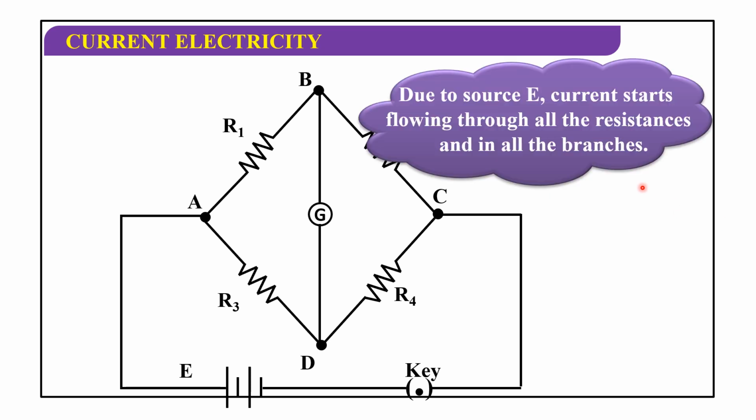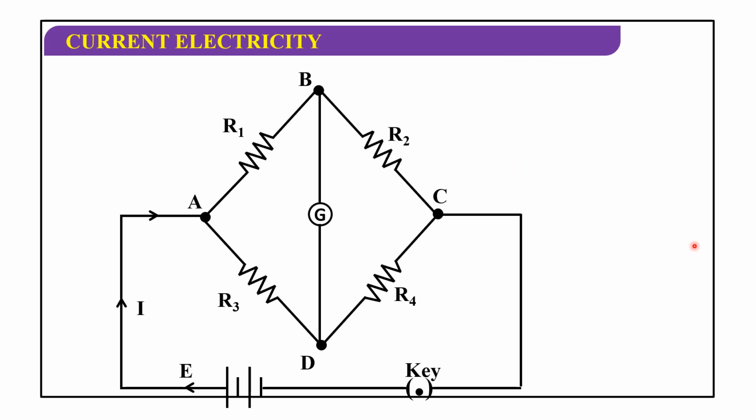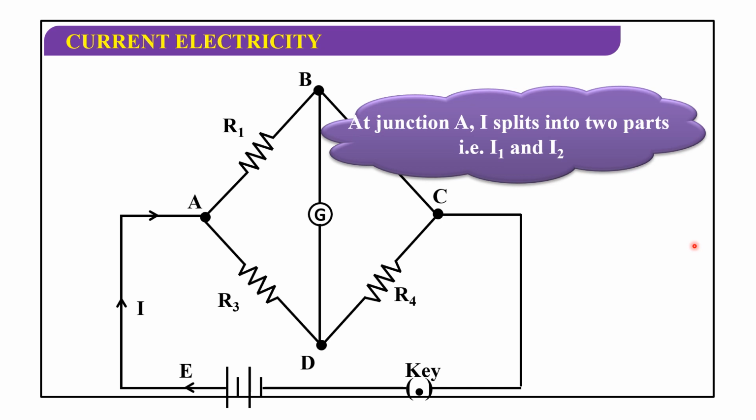Due to source E, current starts flowing through all the resistances and in all the branches. So this is the direction of the current. I is coming from the source EMF E. At junction A, I splits into two parts, I1 and I2.